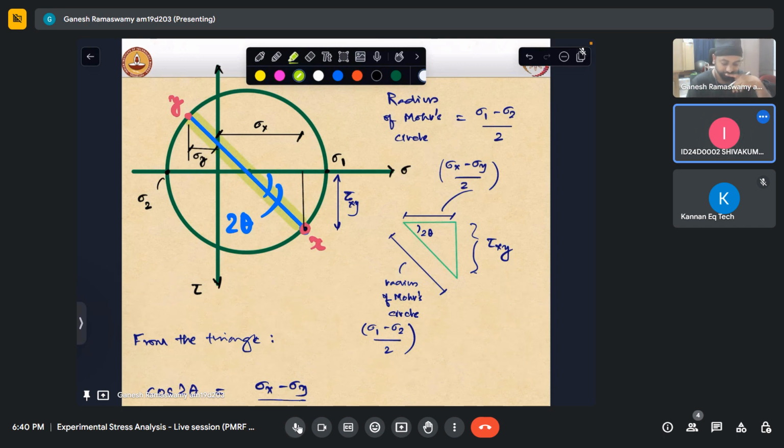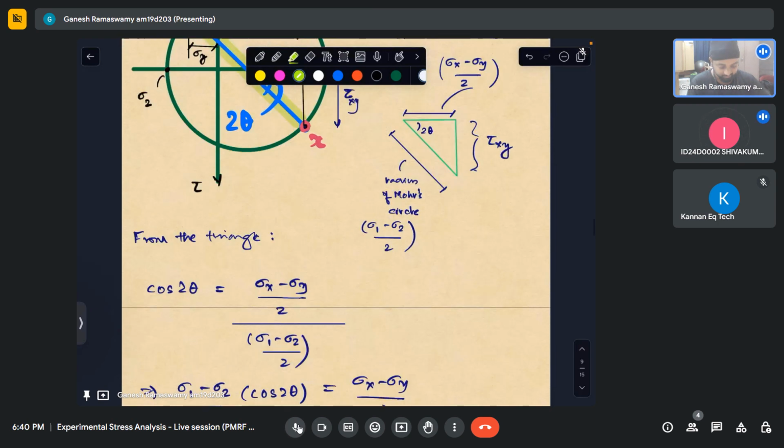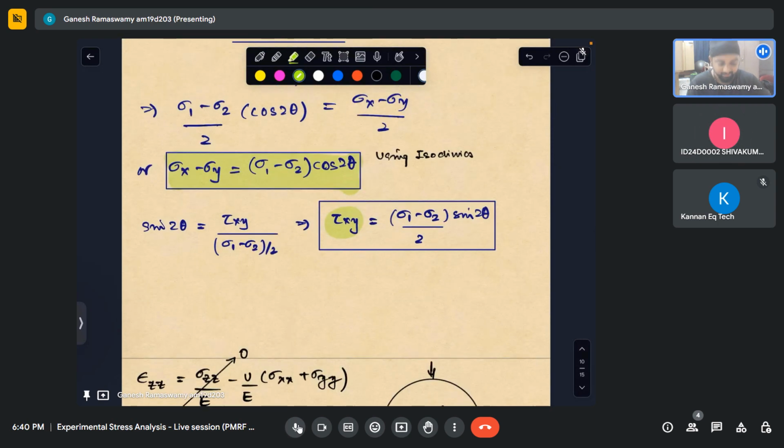Circle as a whole is not located. Separately, you cannot get. Only the difference you will be able to find out. This expression, how it got derived, that was why I had the Mohr circle there. But essentially, the information here is sigma x minus sigma y, sigma 1 minus sigma 2, and theta.